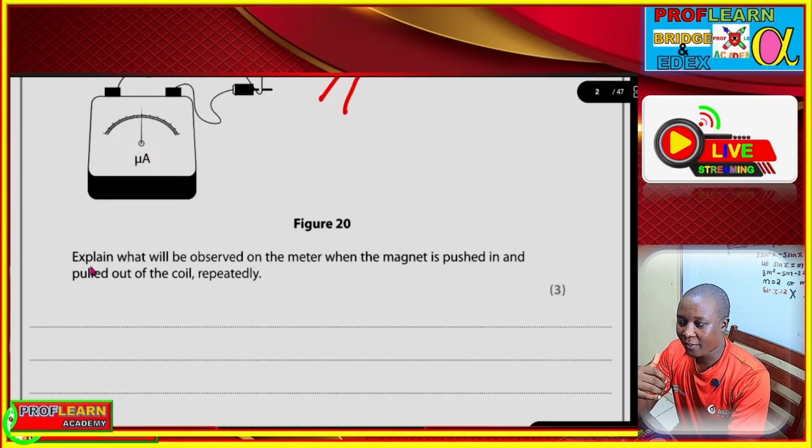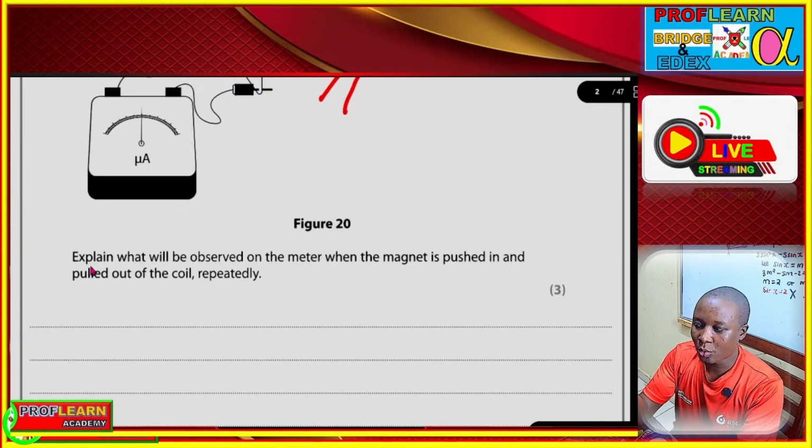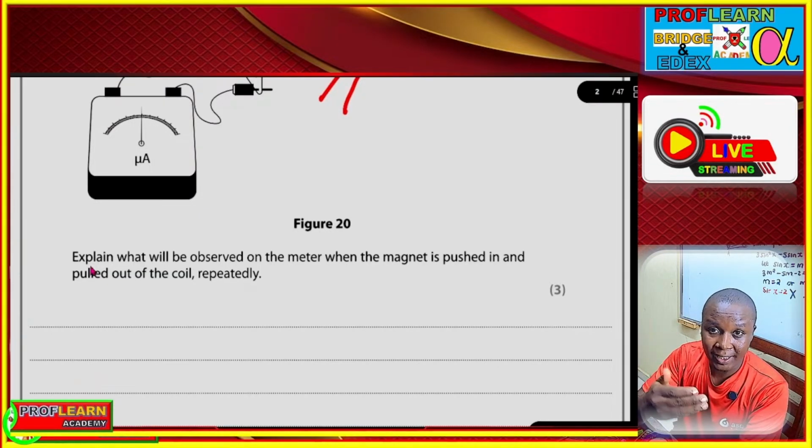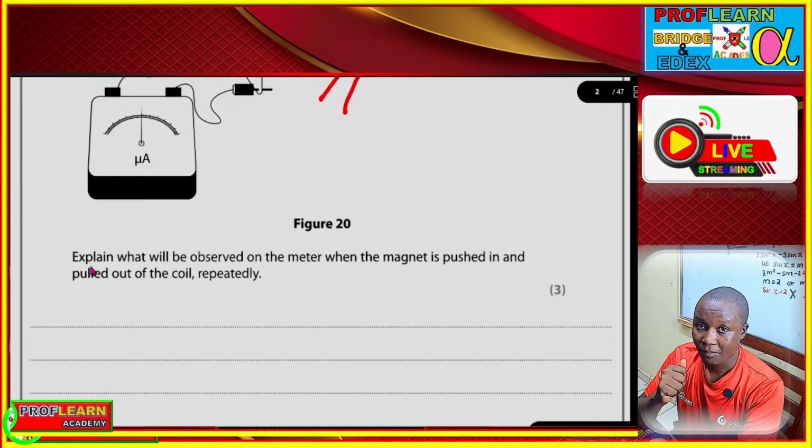And when magnetic fields cut through the coil, an EMF, or a potential difference, is induced in the coil through electromagnetic induction. So something that we really need to take from this live today is that whenever a magnetic field cuts through a conductor, an EMF is induced in that particular conductor where the magnetic field is cutting. And when that happens, a current flows.